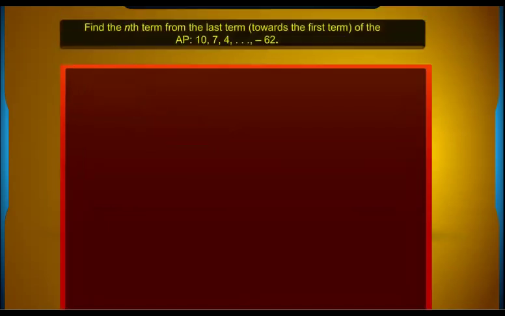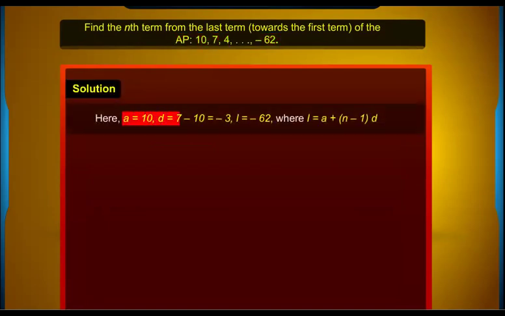Example 6. Find the 11th term from the last term towards the first term of the AP 10, 7, 4, ..., -62. Solution. Here a = 10, d = 7 - 10 = -3, l = -62, where l = a + (n - 1)d.